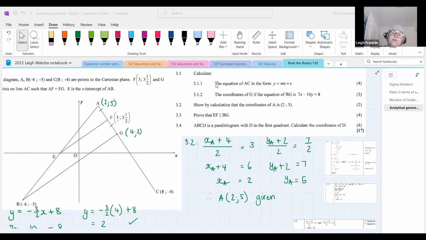We could use midpoint theorem because after all, F is the midpoint of AG, we could calculate and see whether E is the midpoint of BA, or we could use gradient. If we can work out the gradient of EF, and that's the same as the gradient of BG, then we know that those lines are parallel to one another.